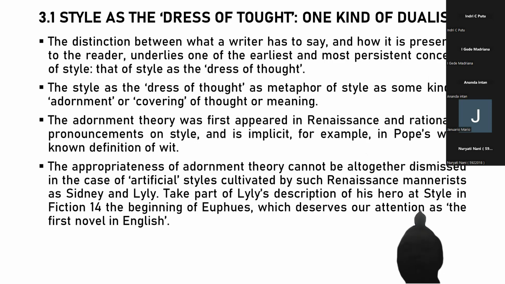Okay, and now we have style as the dress of thought, one kind of dualism. The distinction between what a writer has to say and how it is presented to the reader underlies one of the earliest and most persistent concepts of style, that of style as the dress of thought.